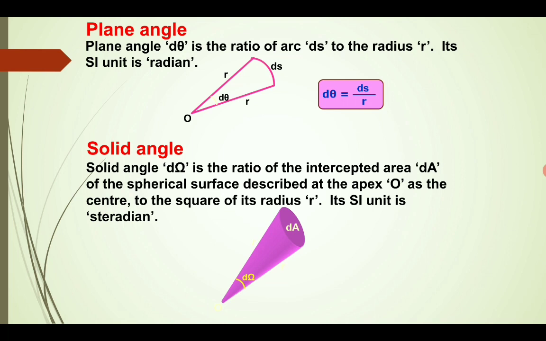So the solid angle d omega is the ratio of the intercepted area dA of the spherical surface described about the apex O, that is the center, to the square of its radius, and its SI unit is the steradian. So d omega is equal to area upon the radius squared of that spherical object from which we are taking out this solid part.